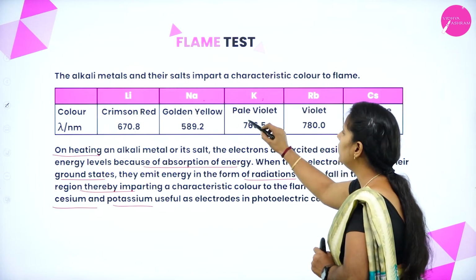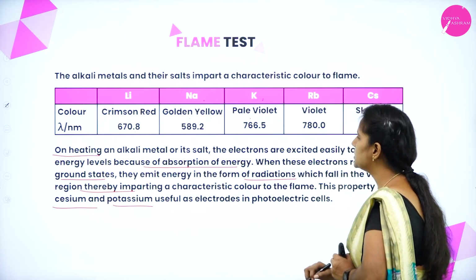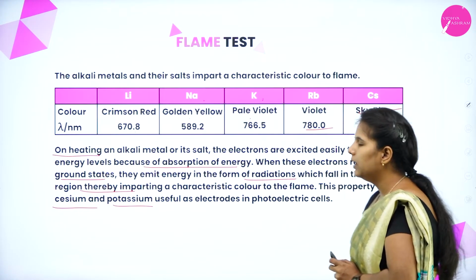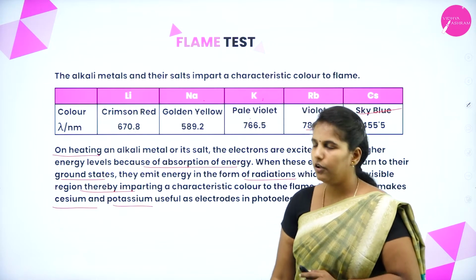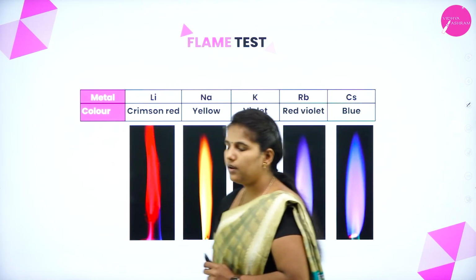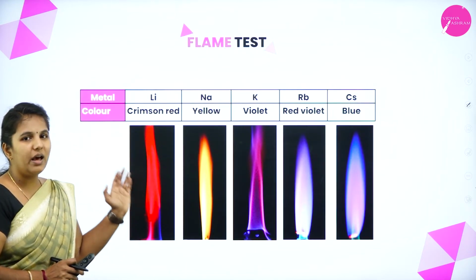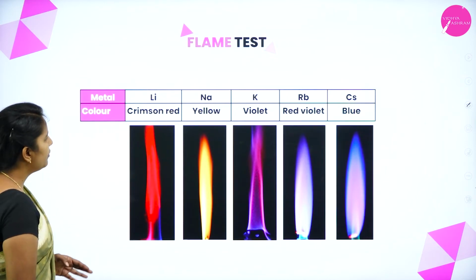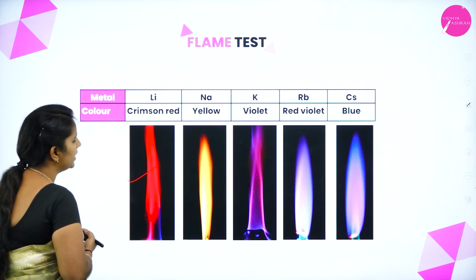Similarly, potassium is observed as a pale light in the region of 766.5 nm. Similarly, cesium gives a sky blue color at 455.5 nm. So you can see here I have given the pictures of lithium, sodium, potassium as well as rubidium. You can see that lithium gives rise to the crimson red color.